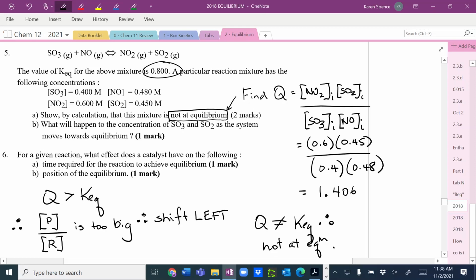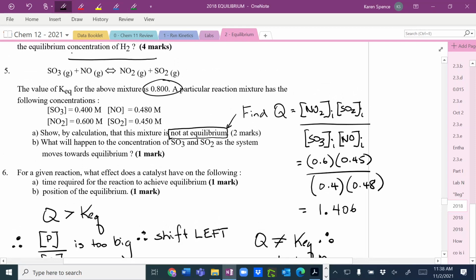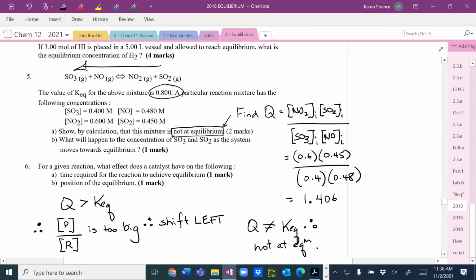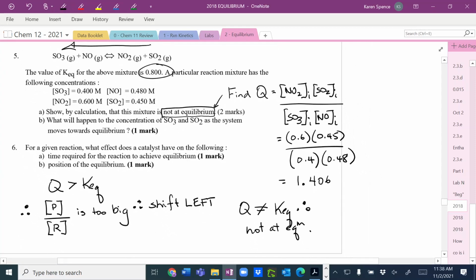And once we know that we are shifting to the left, the concentration of SO3 is going to go up, and the concentration of SO2 is going to go down.